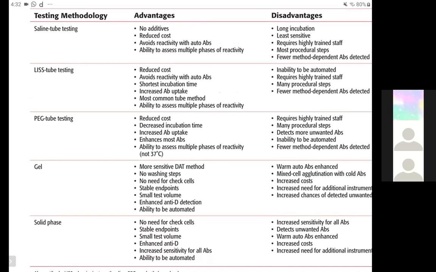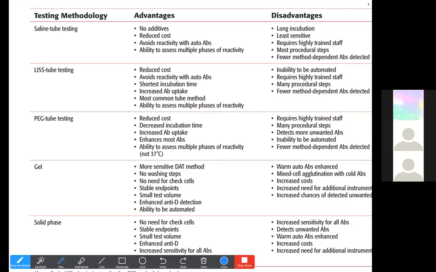Because we know that with gel in place, we just have to add either the patient RBCs or the patient serum, and the wells are already coated with the reagent cells or the serum antibodies. But with the saline tube testing, and with all of these LISS and PEG-based tube testing, there are many procedural steps and highly trained staff are needed.